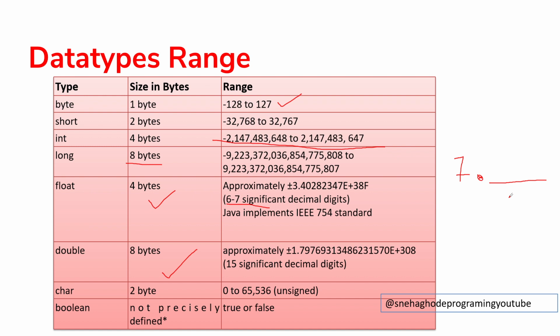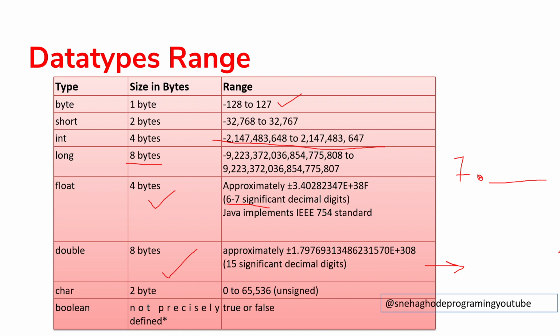If it is 8, 9, 10 or 11, like that, greater than 8 decimal digits, then we are going to store it in the double part. So here, 7 point till 15 decimal digits, the data can be stored in the double. That's why the size of the double is double that of the float.